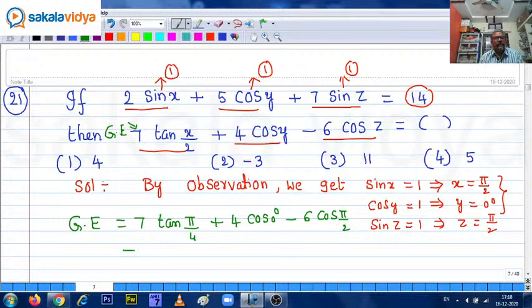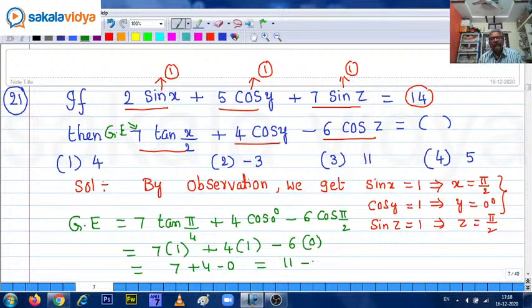Tan pi by 4 is 1, so 7 into 1 plus 4 into cos 0 which is 1, minus 6 times cos pi by 2 which is 0. So 7 plus 4 minus 0, 11 minus 0. The answer is 11, the desired answer. So the third option is the right option.